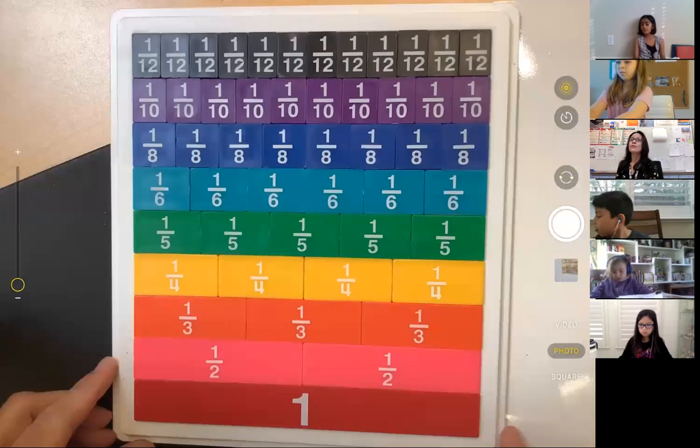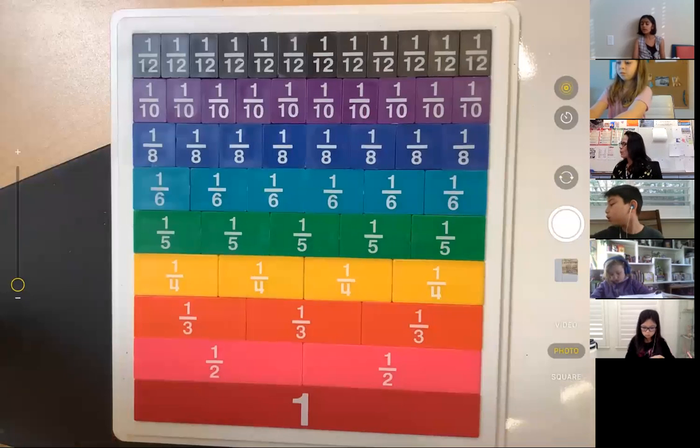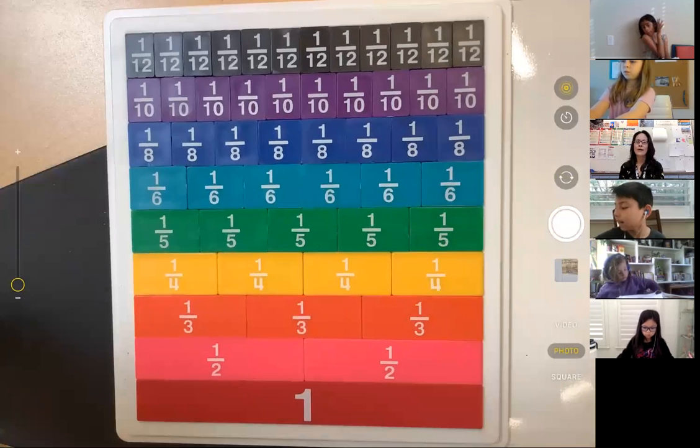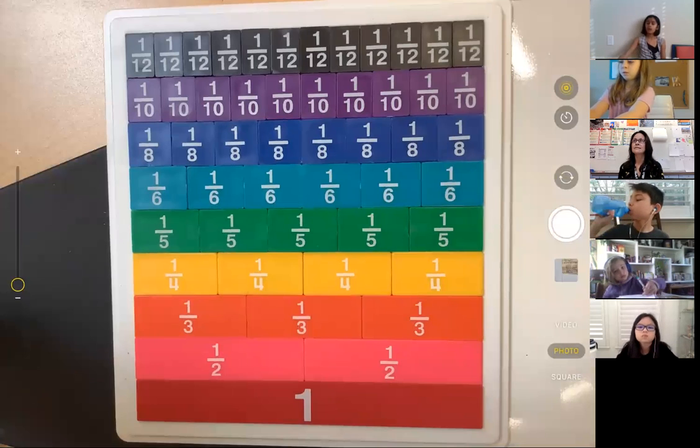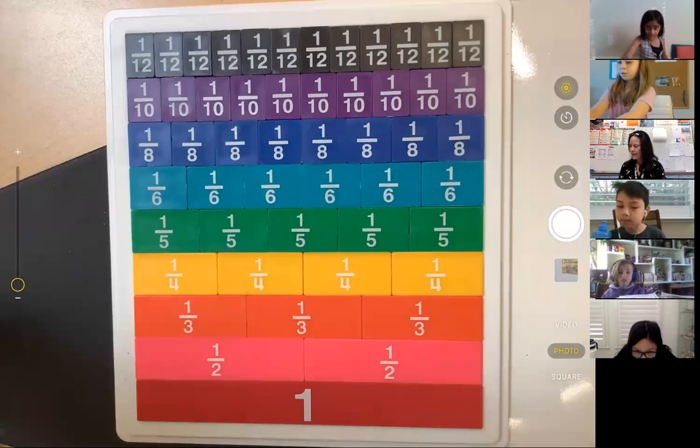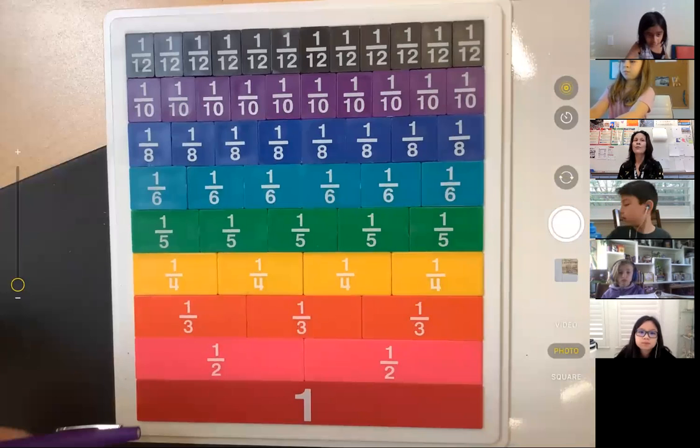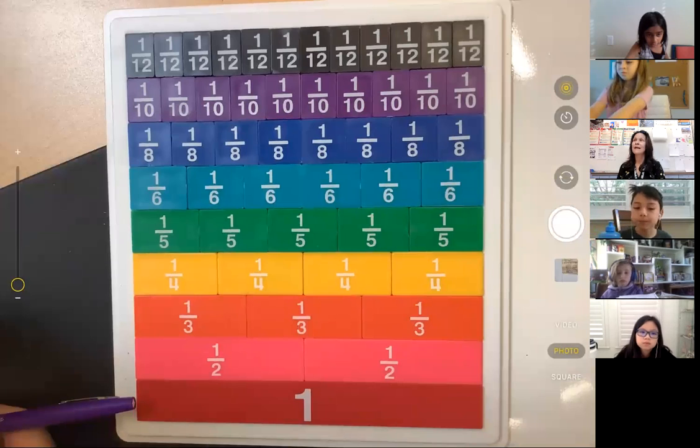And I'd like you to consider this. This is what I want you to keep in your brains as we are moving forward in this lesson. I would like you to see down at the bottom, and you can see where my purple pen is pointing.